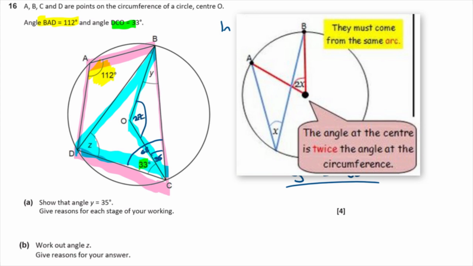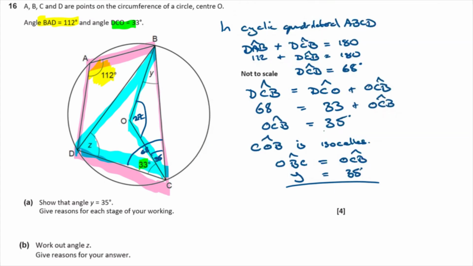Then I should be able to work it out because I know what y is and I know what 35 is. So I can easily find that angle COB, and then I can halve it to find Z. So that's my plan of attack.